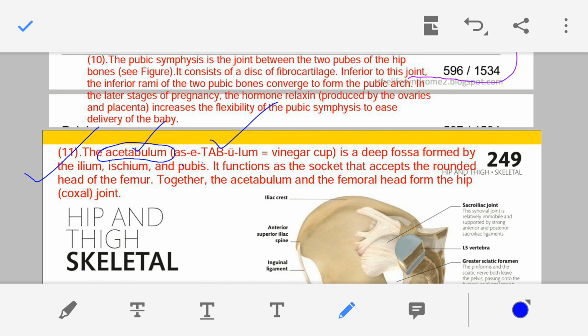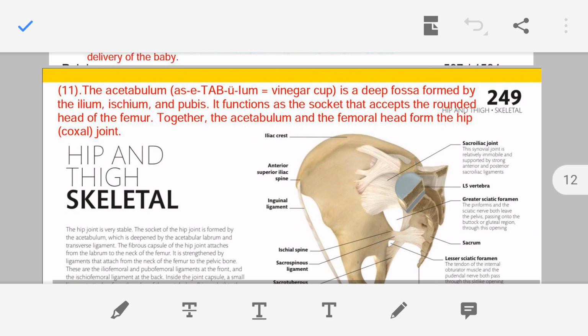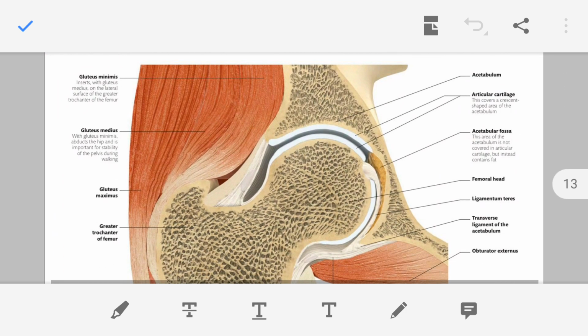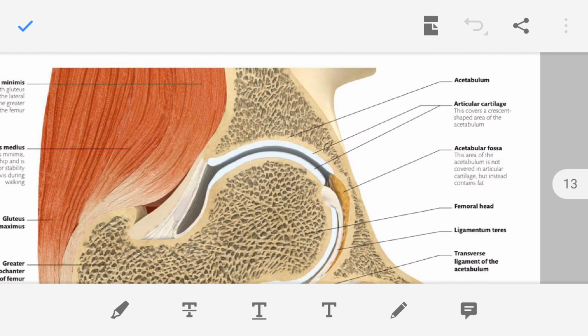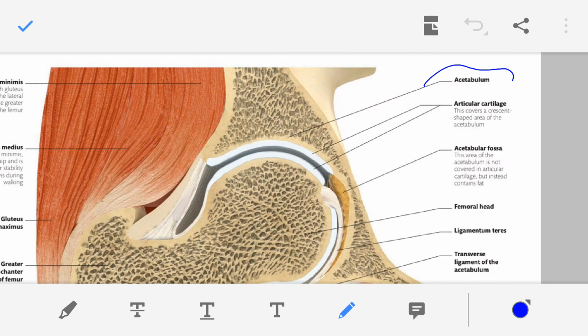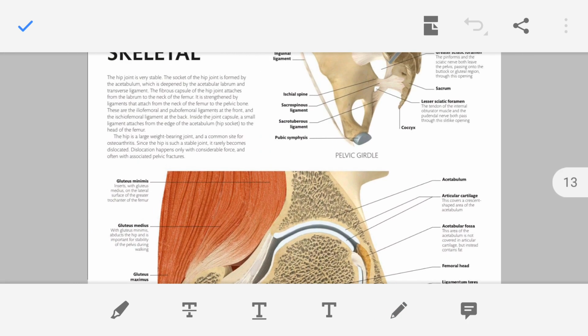Now what is the meaning of this acetabulum? It is vinegar cup. Okay, first I am showing you, see in this figure, acetabulum. So you follow this arrow, this one is the acetabulum.